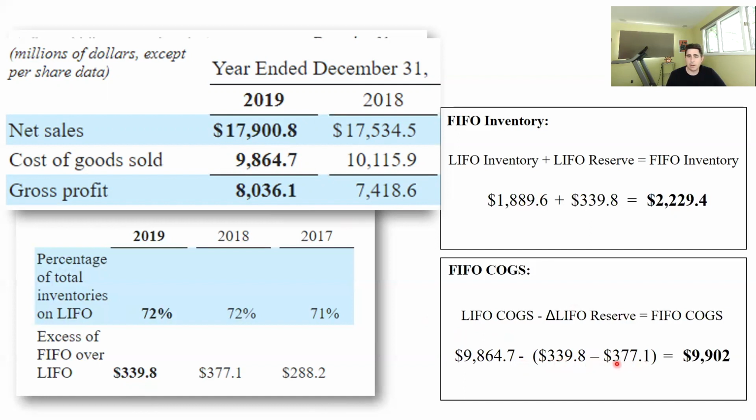That's going to be a negative number. So we subtract a negative number, and FIFO cost of goods sold is actually going to be higher than LIFO cost of goods sold in the case of Sherwin-Williams. Okay, so that was the exercise, converting LIFO inventory balances to FIFO and LIFO cost of goods sold to FIFO.